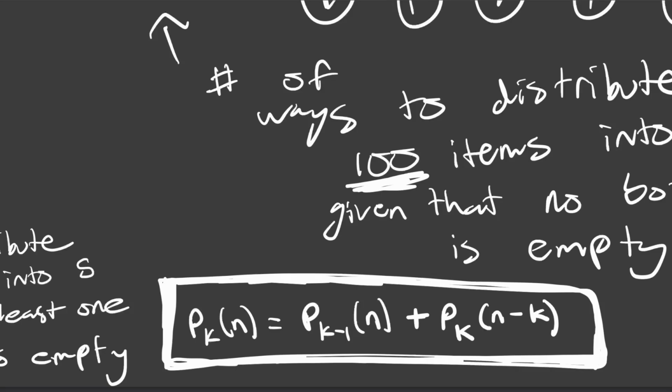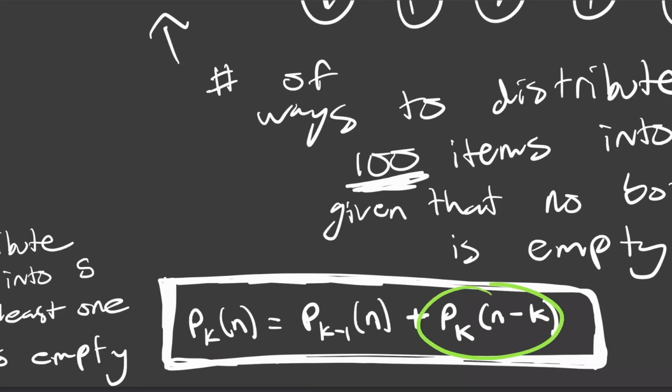It's saying if we're distributing n identical items into k identical boxes, then we have this relation where it's equal to the number of ways to distribute these n items into k minus 1 identical boxes, plus the number of ways to distribute n minus k objects into k identical boxes. And the reason this works is because we're just distributing this into disjoint sets, right?